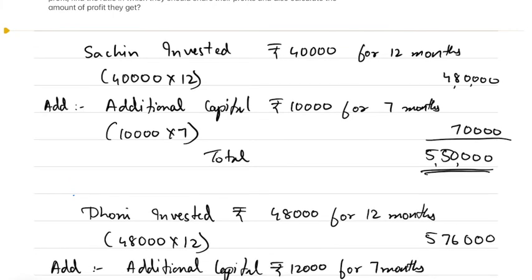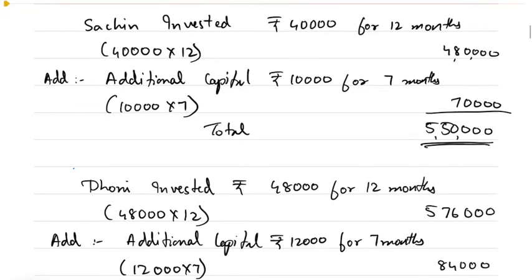So 12,000 into 7. 12,000 into 7 comes to 84,000. Okay. So total 6,60,000.